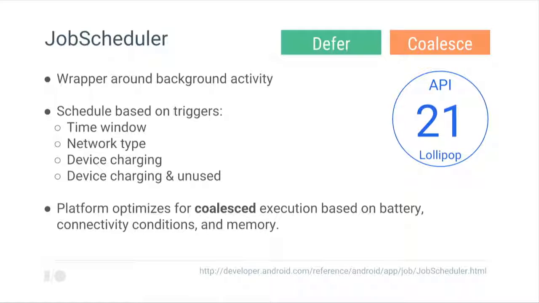So let's take a couple of examples. These triggers, when you request Android to schedule your job, could be based on a certain time window. So say you have a job that's important, not exactly urgent, it doesn't need to happen right away. You can tell Android to schedule this job anytime within the next 1 hour.